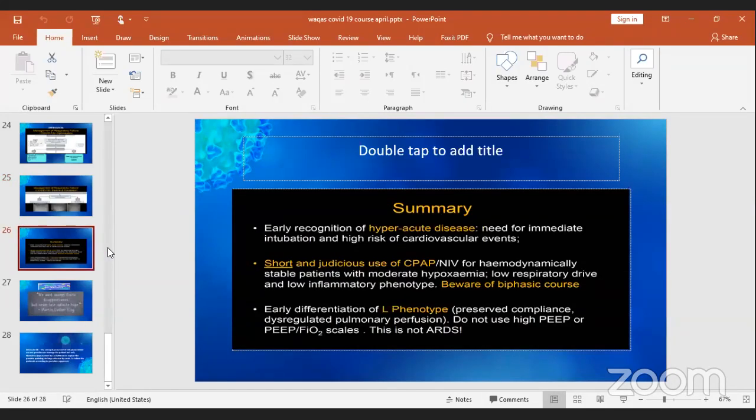Another question: does H type occur in younger patients while L type occurs in older patients, and does COVID have a restrictive lung disease picture? No, it is not an age factor. This is related to the progression of the disease, and of course if age is more than 65, the possibility of progression of disease will be high.